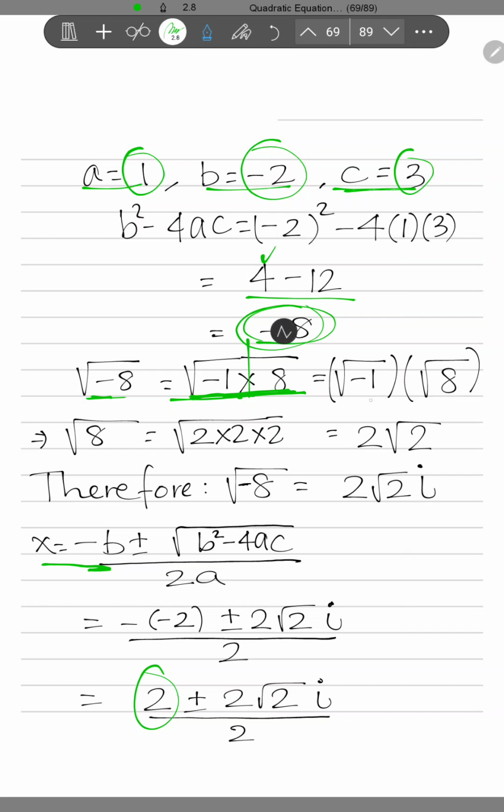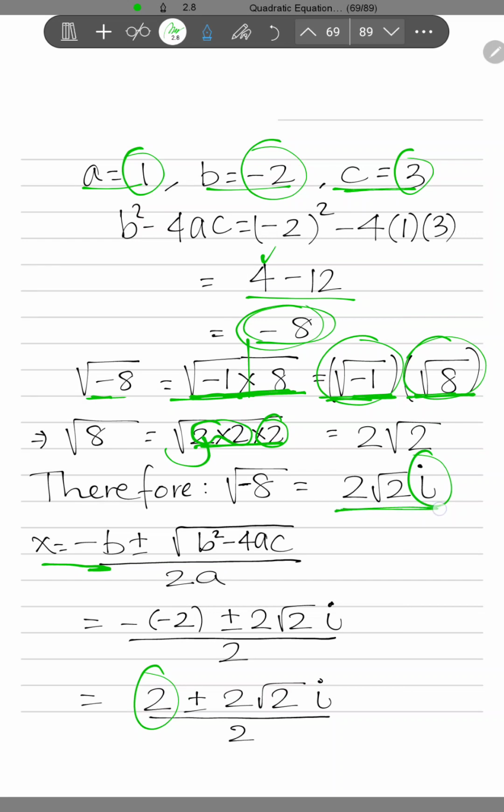We split it, which is the square root of minus 1 times the square root of 8. The square root of minus 1 is simply i. The square root of 8 is the square root of 2 times 2 times 2. When we have a pair, we take one of them out, and we still have one in the square root. So the square root of 8 is 2 root 2.